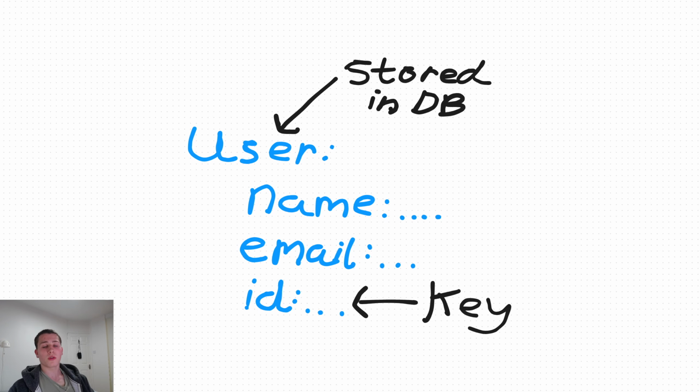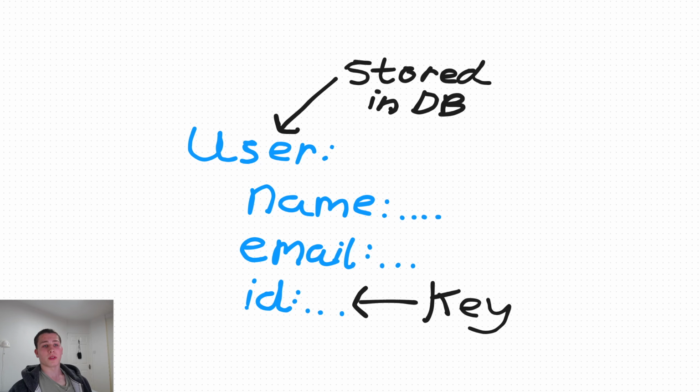In order to store something in memory or in a database, you need to give it some kind of key that you can find it later. This is known as a primary key, and in this scenario, it's going to be the ID. Usually it's some kind of unique identifier, like a string of numbers that's not going to get repeated, because you can't have more than one primary key.